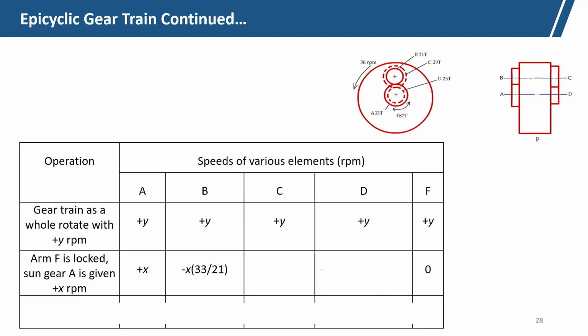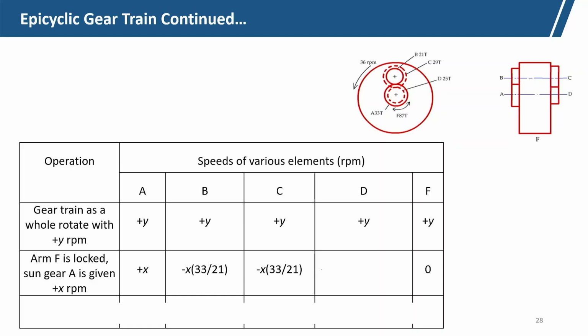This negative motion is reflected in the same direction in C, with the same magnitude, so it is minus x times 33 by 21.